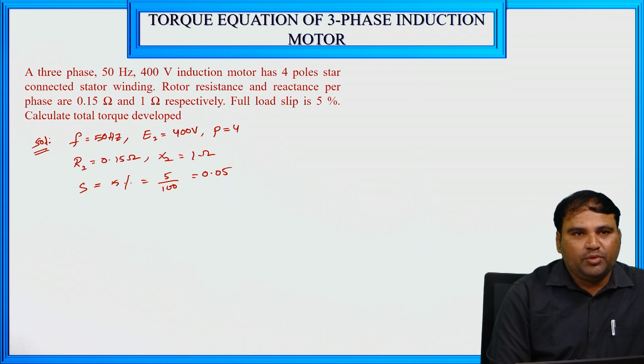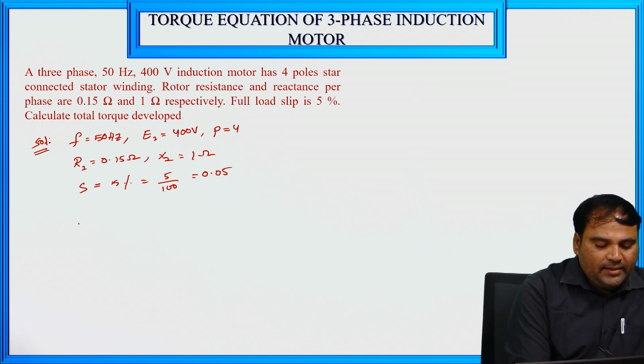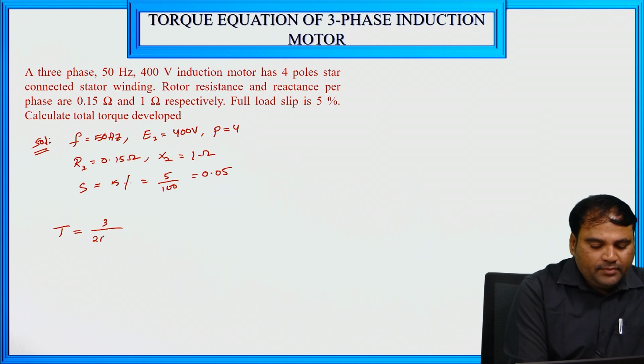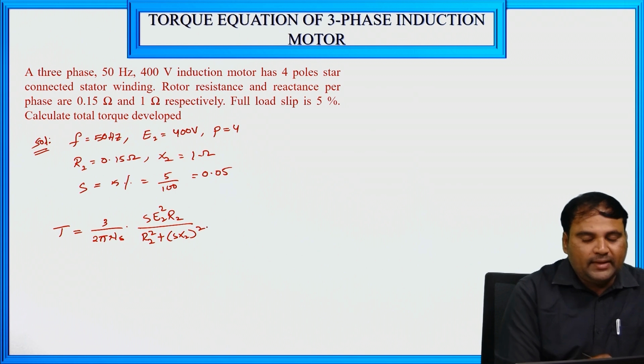Torque is T equal to 3 by 2 pi Ns into S E2 square R2 by R2 square plus S into X2 whole square.